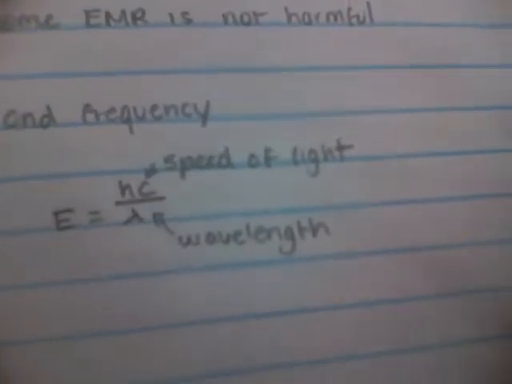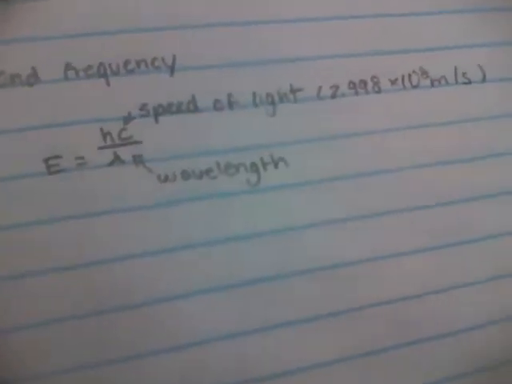I'm going to write that lambda right there. Those are a couple of features of electromagnetic radiation. These equations apply to visible light, and UV light, and infrared light, and radio frequency, and X-rays, and so on.